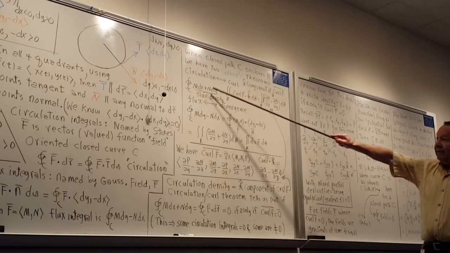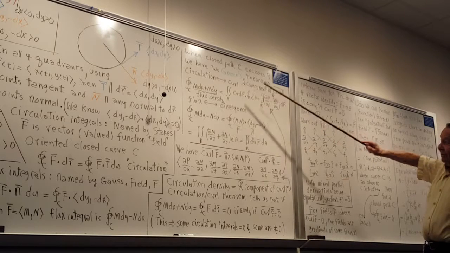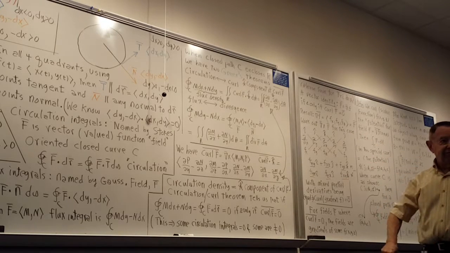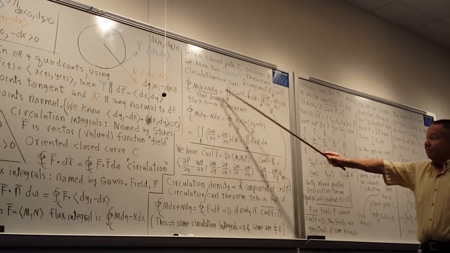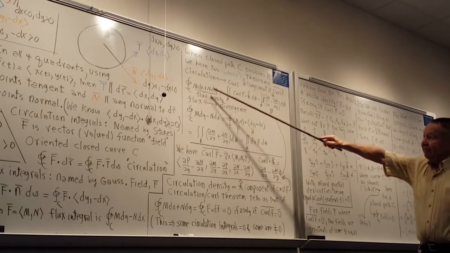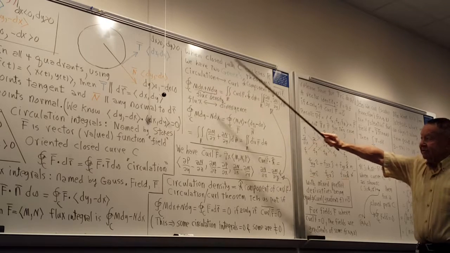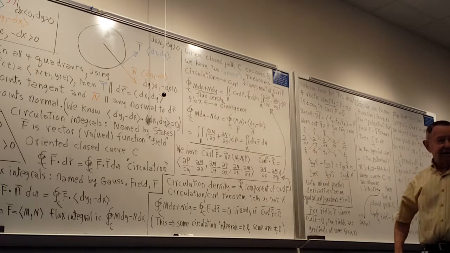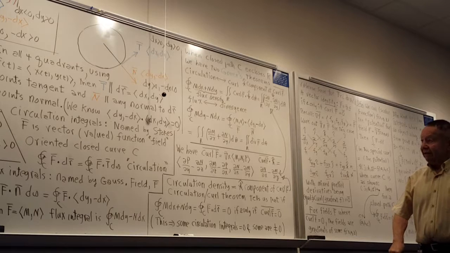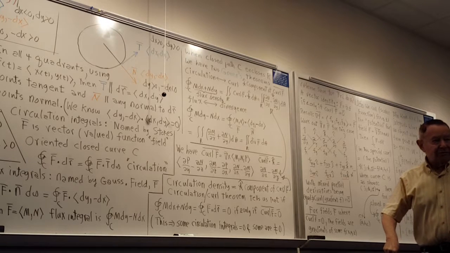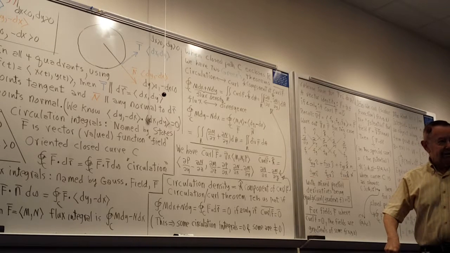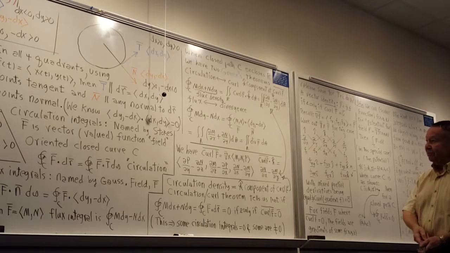Okay, we'll see this in section 16.4 next week. We'll have problems that are taking a field and showing that this and this give you the same thing, but I'm trying to give you an overview of what's going on here this morning.